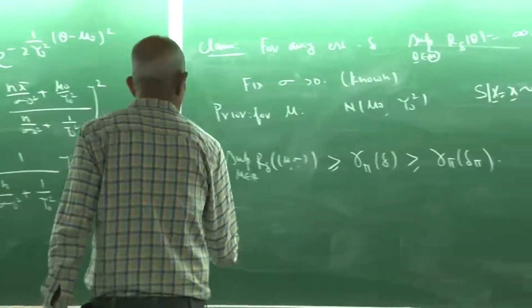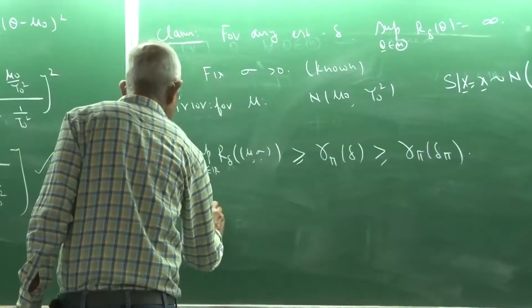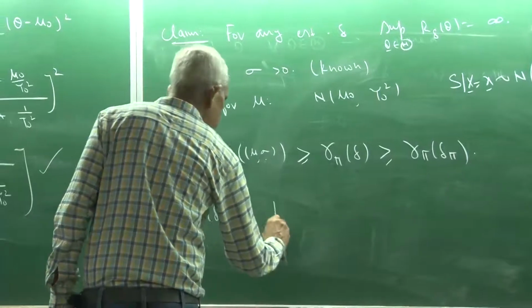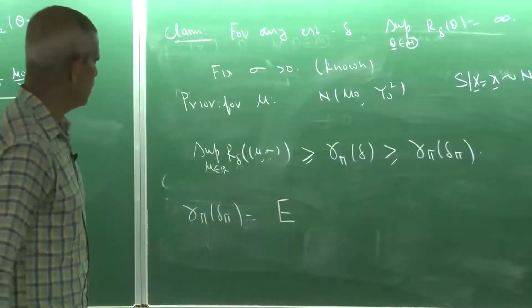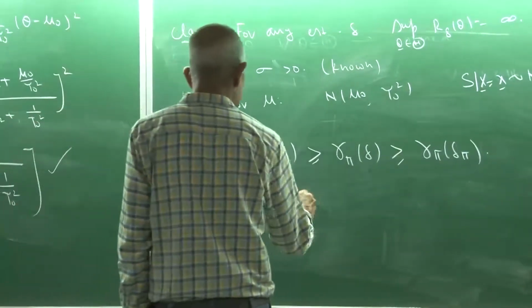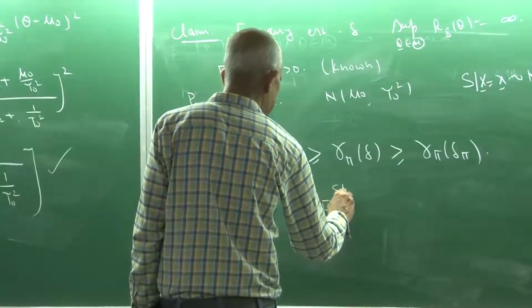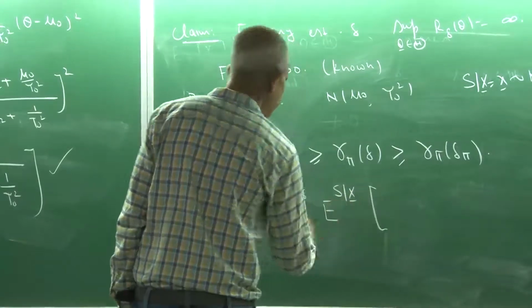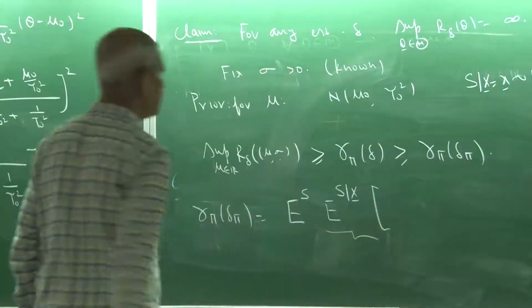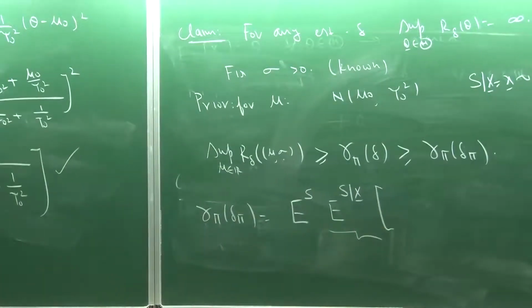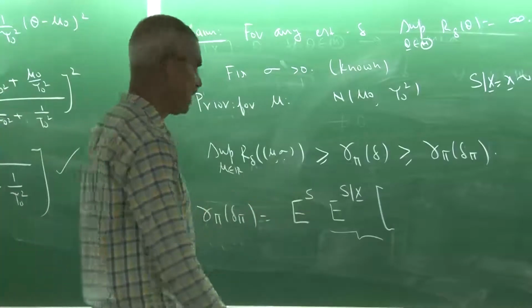So R pi delta pi is the total risk, which is the same as the expected value of S into the expected value of S given X, right? This was the usual classical risk, and then you average with respect to the prior distribution of theta.